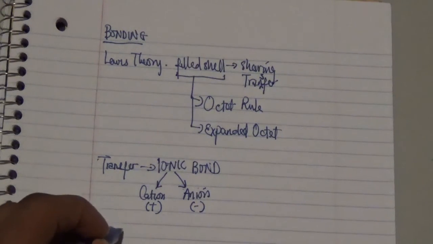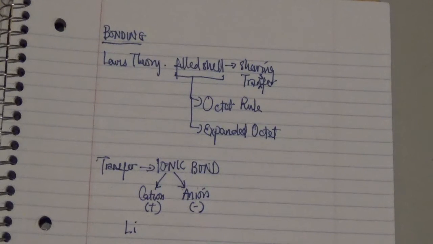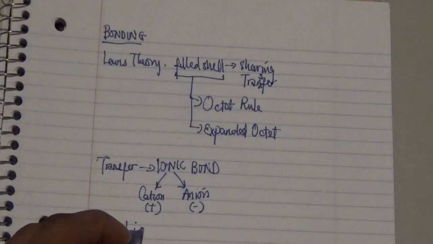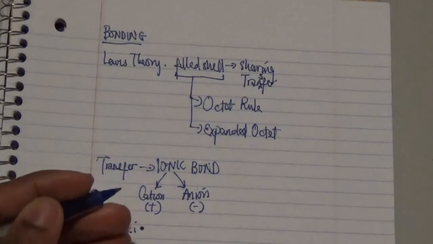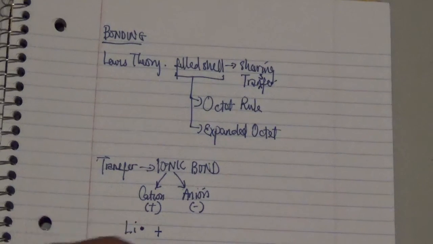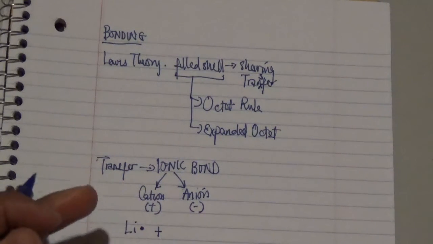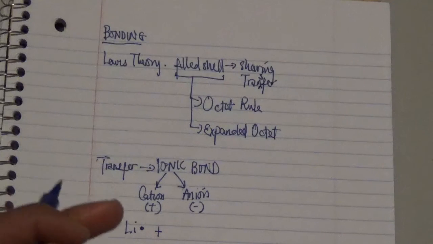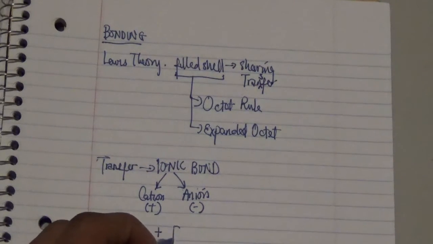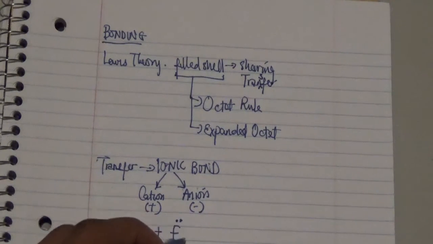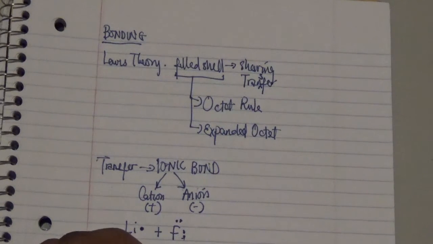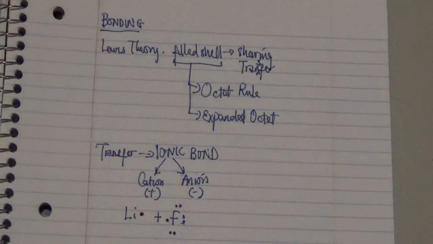In this case, if I have lithium, it will have one electron in its outer shell, and in order to become stable, it needs to go back to its periodic table neighbor, which is helium. If it reacts with fluorine, which has 7 electrons in the outer shell, and gains 1 more electron, it becomes neon.